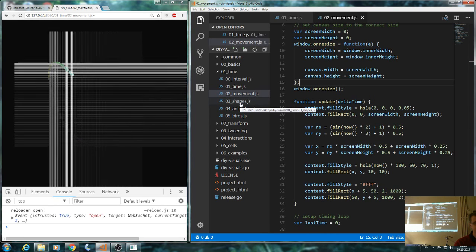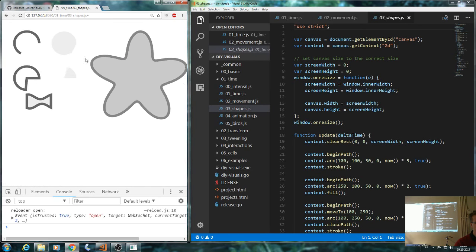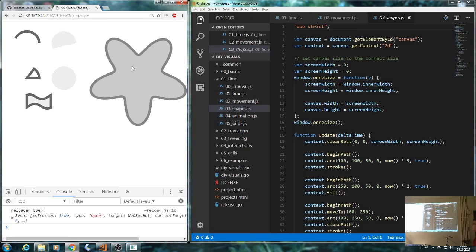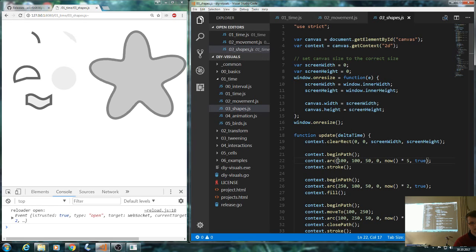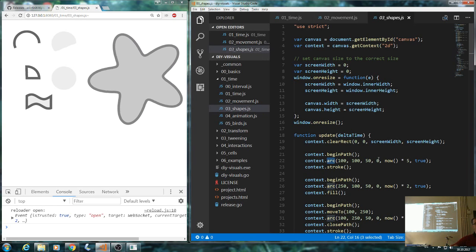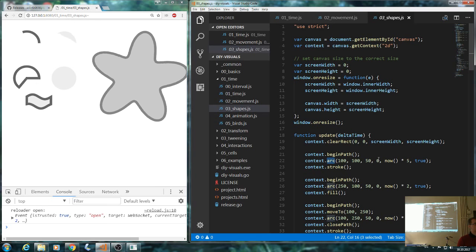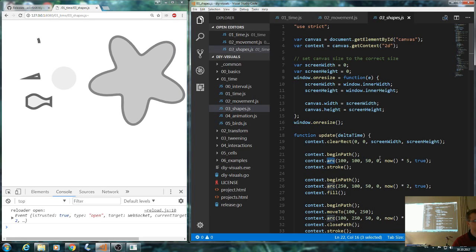Then we can move on. We can actually animate shapes now as well. So here we use this to draw this arc based on time. What is the start angle and the target angle, I guess.